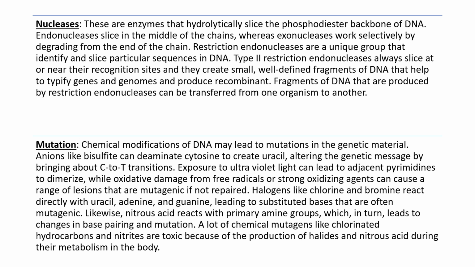Halogens like chlorine and bromine react directly with uracil, adenine, and guanine, leading to substituted bases that are often mutagenic. Likewise, nitrous acid reacts with primary amine groups, which in turn leads to changes in base pairing and mutation. A lot of chemical mutagens like chlorinated hydrocarbons and nitrates are toxic because of the production of halides and nitrous acid during their metabolism in the body.